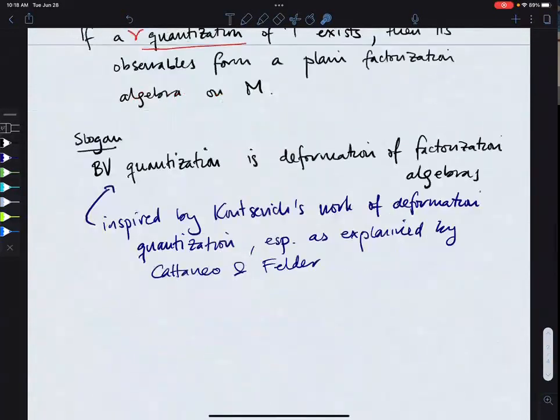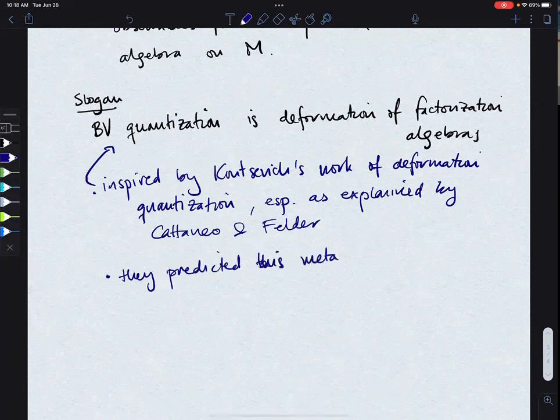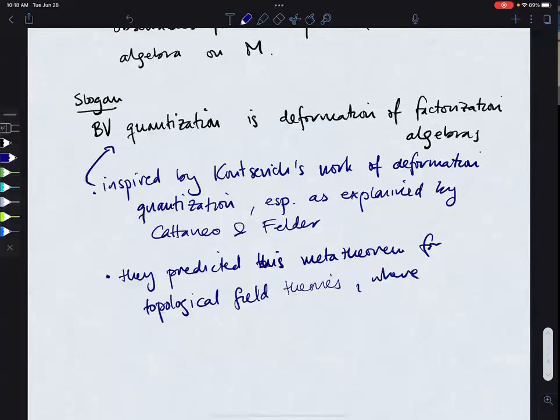So I should maybe remark as well that people like Kontsevich, for instance, predicted this meta theorem, not for general field theories, but for topological field theories, where factorization algebras are something known as E_n algebras, or algebras of the little n-disks operad.